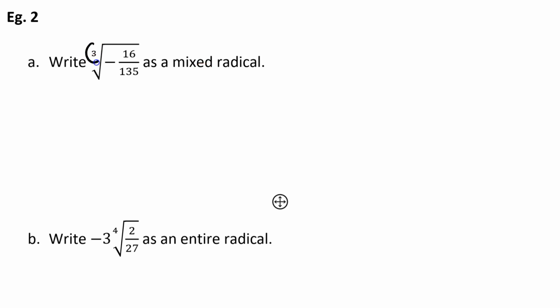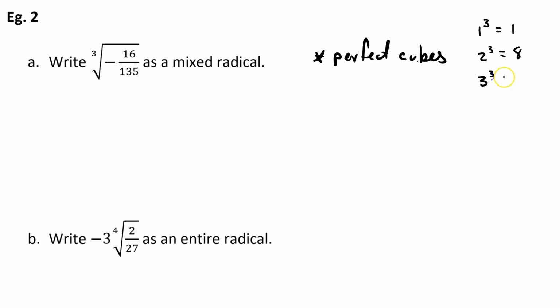Since we have an index of 3, we're looking for perfect cubes. 1 to the 3 is 1, 2 to the 3 is 8, 3 to the 3 is 27, 4 to the 3 is 64, and 5 to the 3 is 125, and that's all we're really going to need for this.